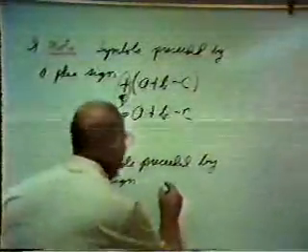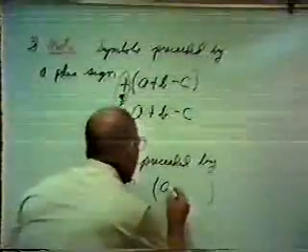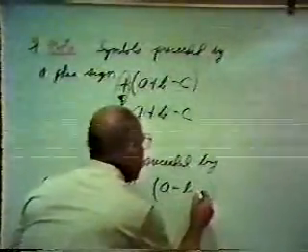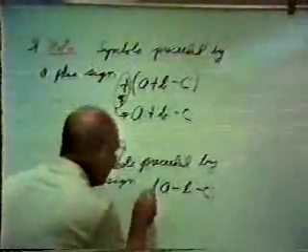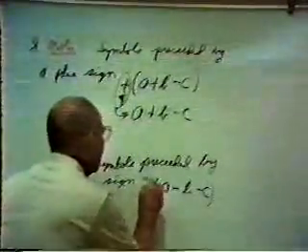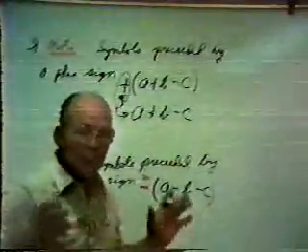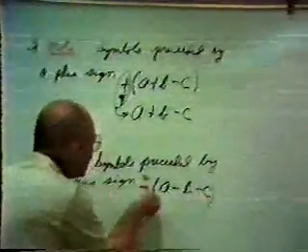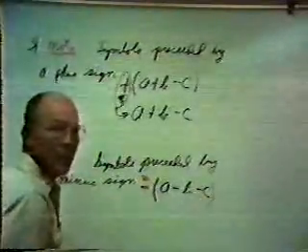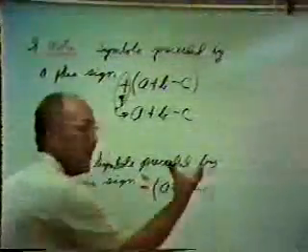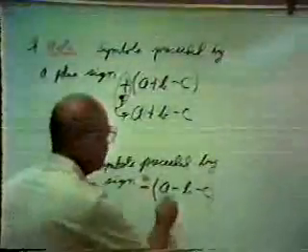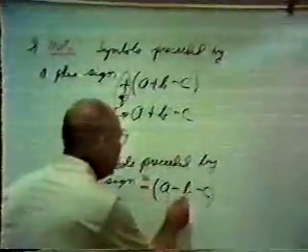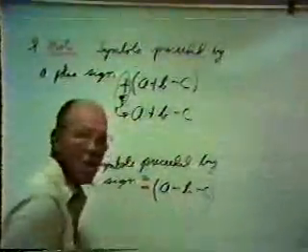Okay, now here's the one you have to be careful about. I have a symbol of grouping, and inside this symbol of grouping, I've got A minus B minus C. It is preceded by a minus sign. Now, be careful. Remember, if you have a symbol of grouping preceded by a minus sign, there's only one way you can eliminate it. You must change the sign of each and every term.